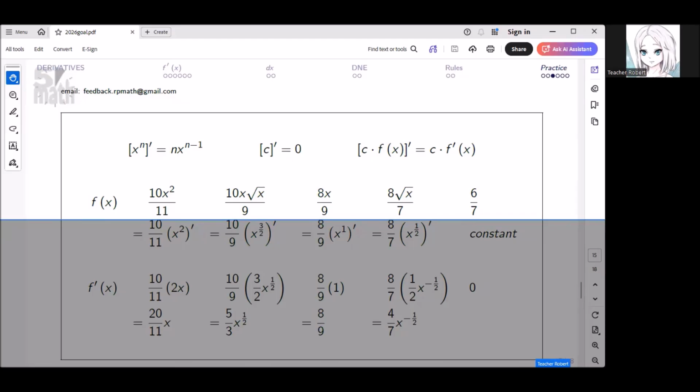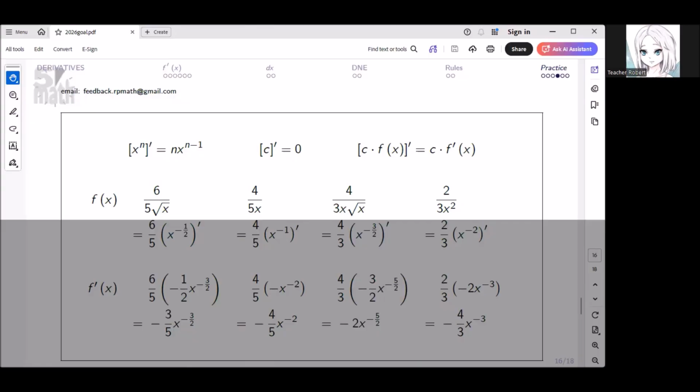Find the derivatives of 10x²/11, 10x√x/9, 8x/9, 8√x/7, 6/7. Find the derivatives of 6/(5√x), 4/(5x), 4/(3x√x), 2/(3x²).